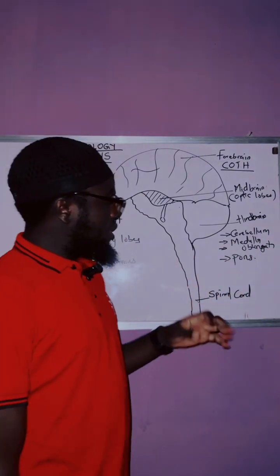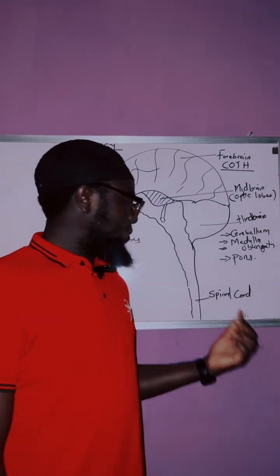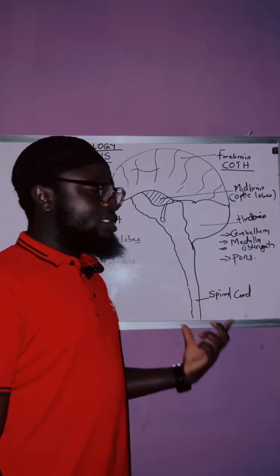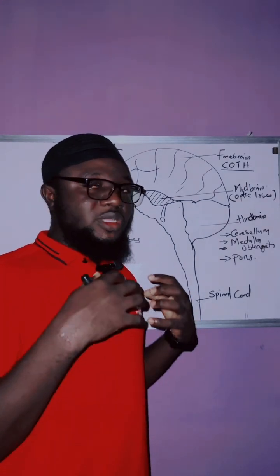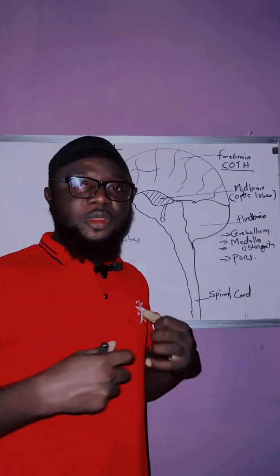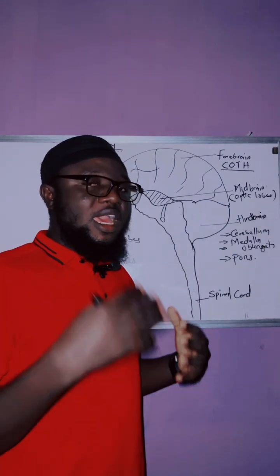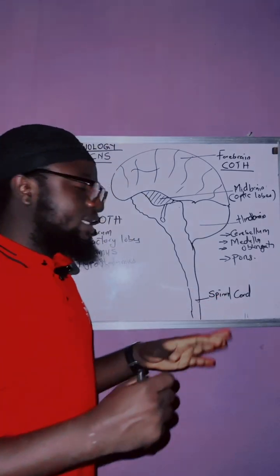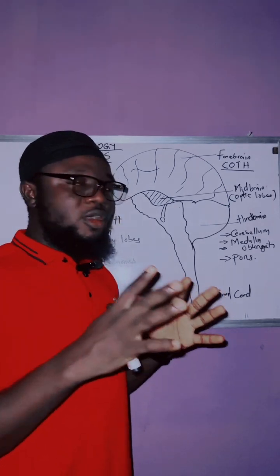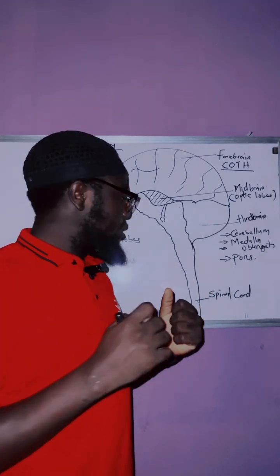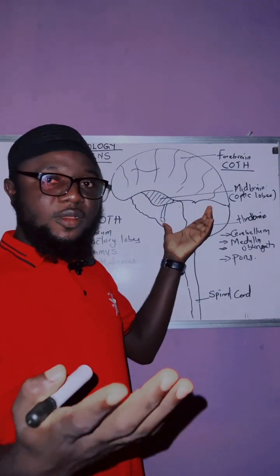Now, let's move on. The last part of the central nervous system is the spinal cord. The spinal cord is a site for some reflex actions. What's a reflex action? These are actions that you only become aware of after they have already been done. Since the body needs a very quick response, the impulse for reflex actions doesn't have to go to the brain, because the brain may be too far for the response.